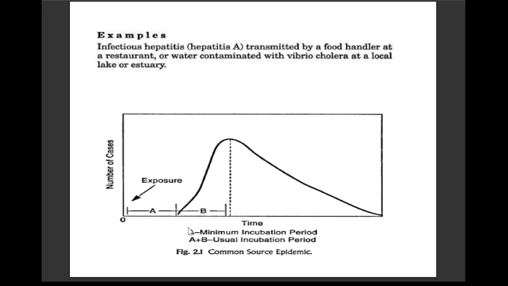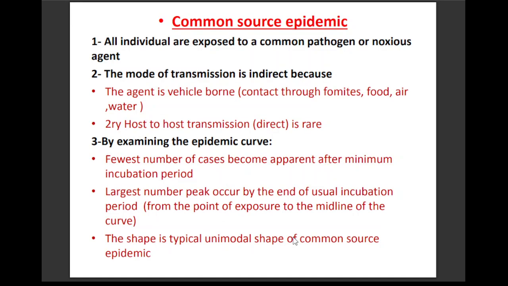Initially the incubation period was not completed and very few people were infected. But when sufficient time, that is the incubation period, has been completed, there is a rise in the number of cases.